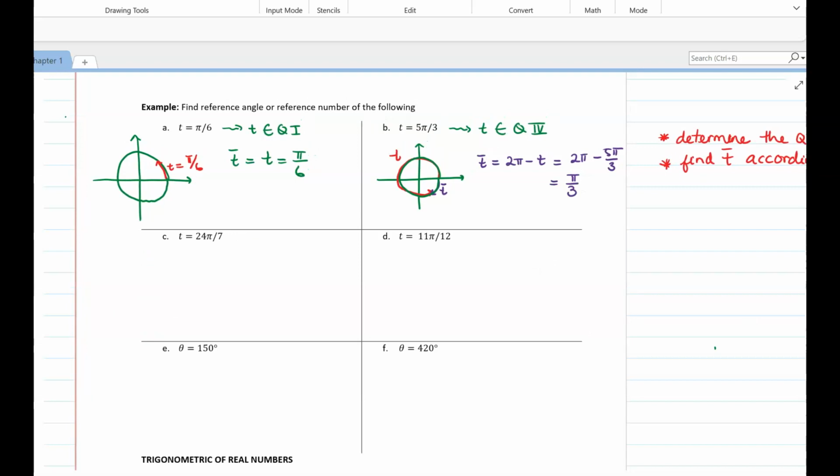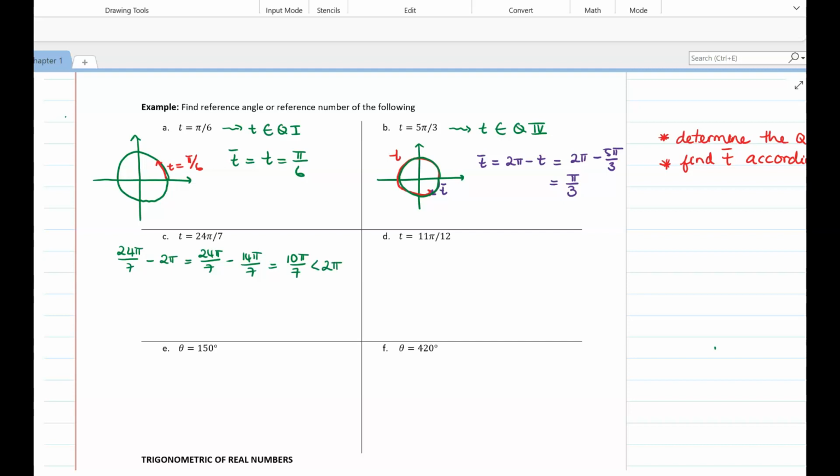Now t equals 24 pi over 7, and this is greater than 2 pi. So let's go ahead and subtract 2 pi from t so that we can see in what quadrant the t belongs to. 24 pi over 7 minus 2 pi is 24 pi over 7 minus 14 pi over 7. This is 10 pi over 7, and this is less than 2 pi.